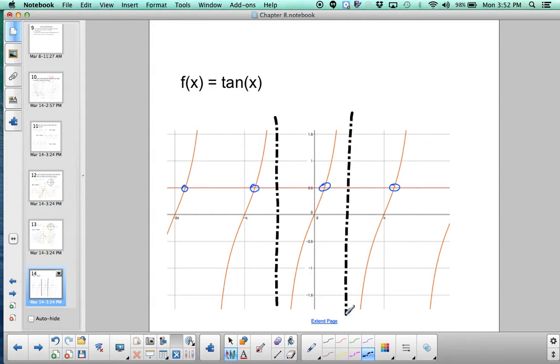If I were to restrict between these two asymptotes, then I notice that I'm down to one intersection. So that means it would pass the horizontal line test. So for tangent, if we want to find an inverse function, then we're going to need to restrict our domain from -π/2 to π/2.